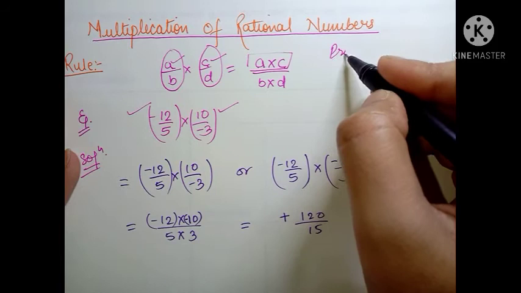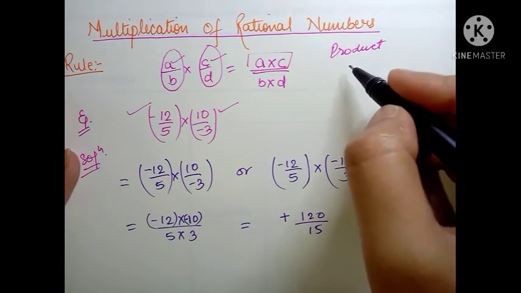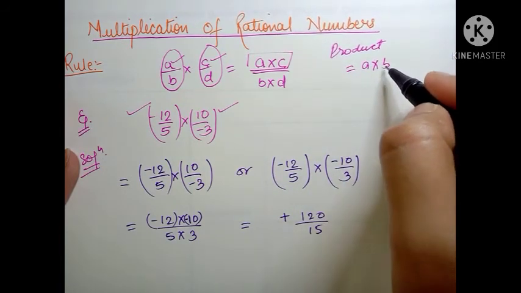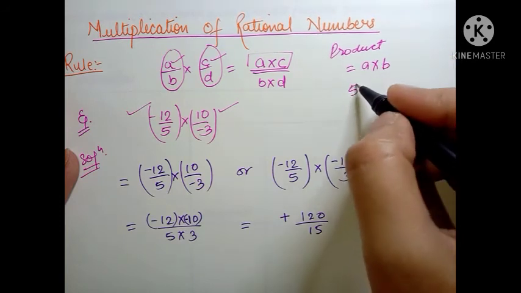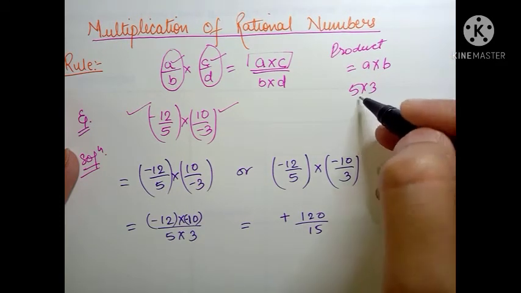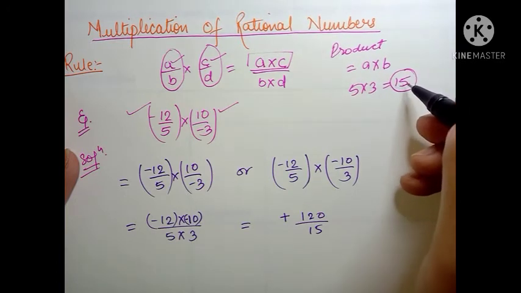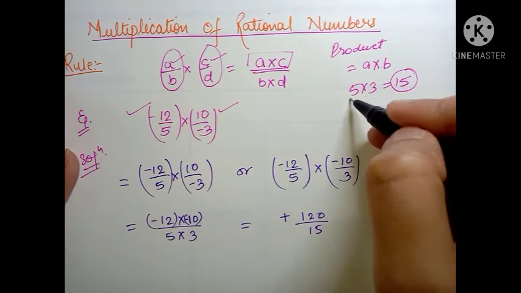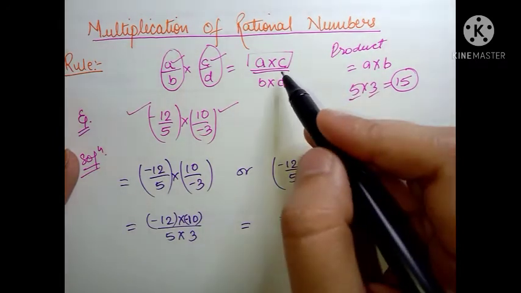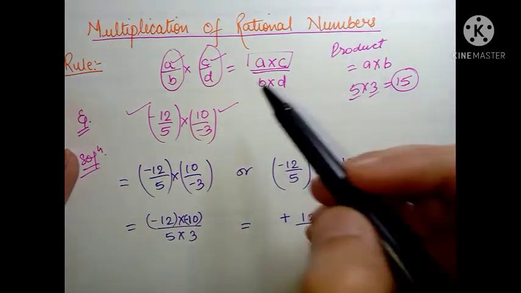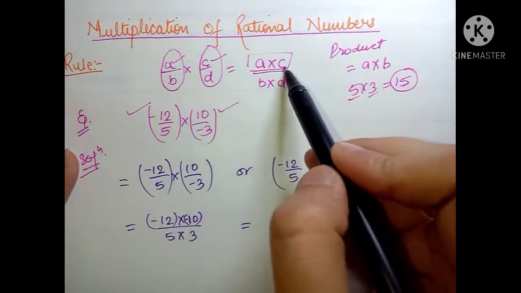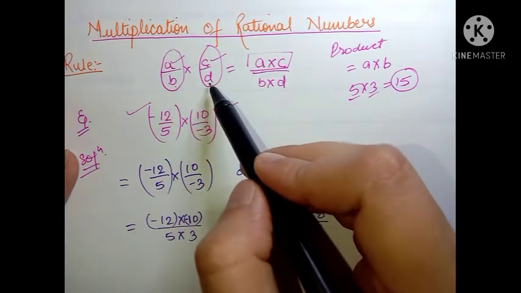Product is when you multiply two numbers, for example, if you take 5 into 3, you're multiplying two numbers and you're getting 15. So this will be called the product, because this you have achieved when you have multiplied two numbers. So this is what is called product. So you have multiplied the numerators and then you will multiply the denominators.